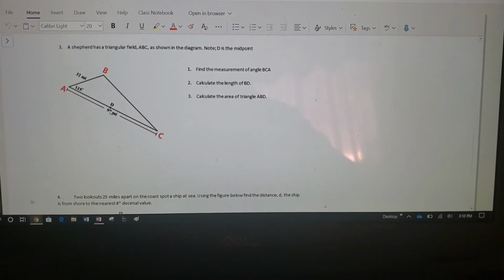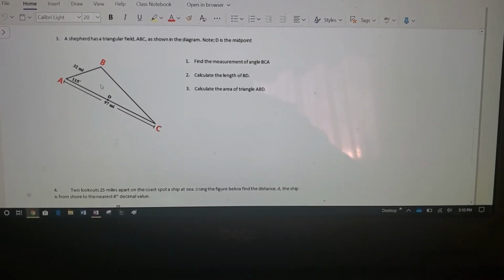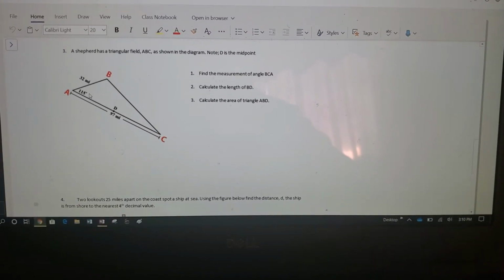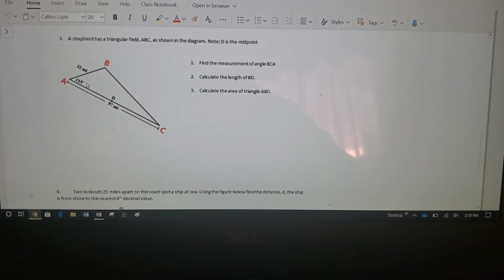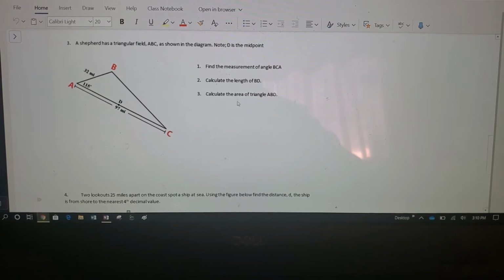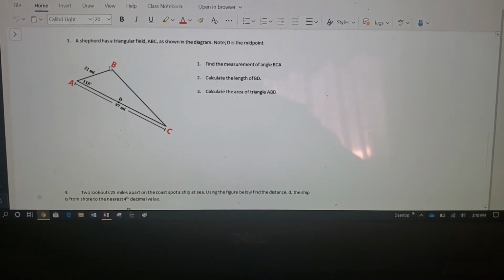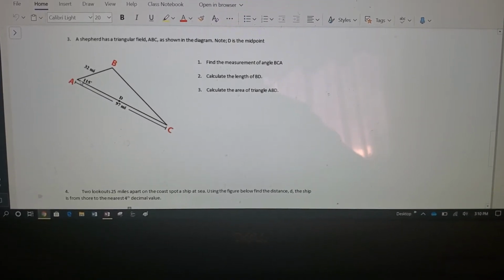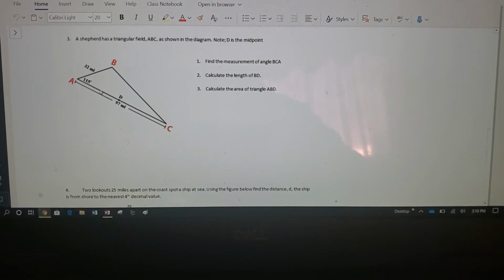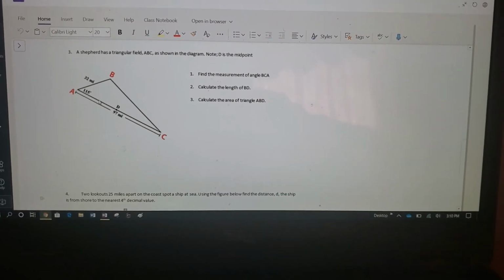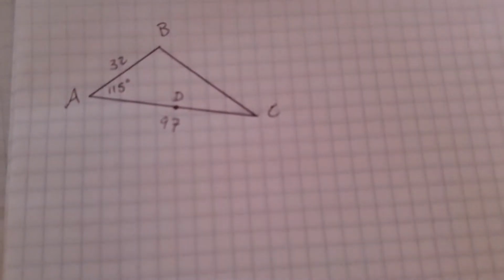This problem is actually asking me to find the length of the little triangle, which I can do too. I'm going to find the area of ABD, that'll be this little triangle, and I'm going to find the area of the whole triangle. Okay, so let's go back to our paper and do that.